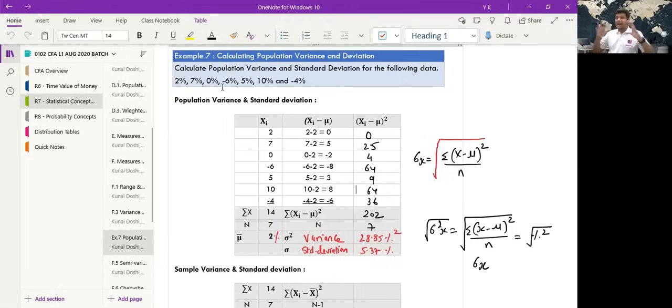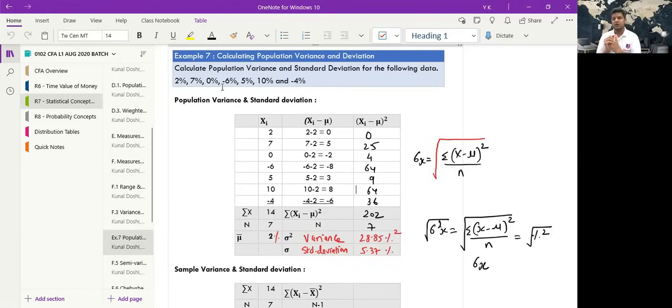So the larger the size of the sample, the better it is. The larger the size of the sample, the more closely it resembles the population. And vice versa, I can say the lower the size of the sample, the further away it is from the population. Everyone with me on this?